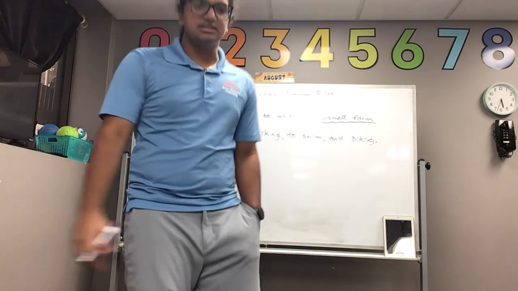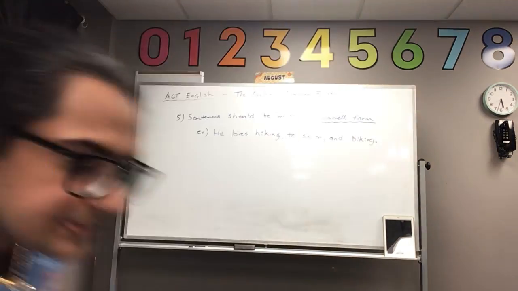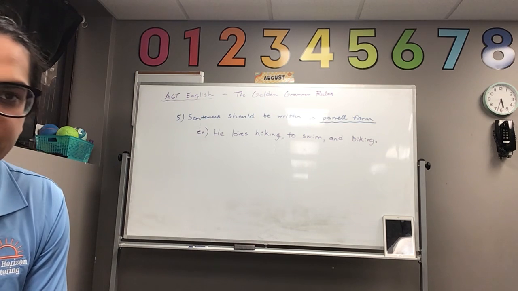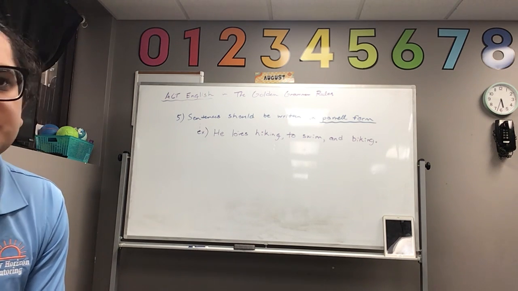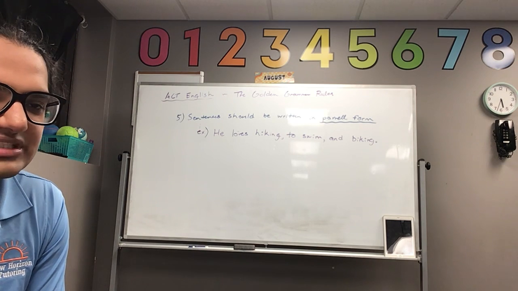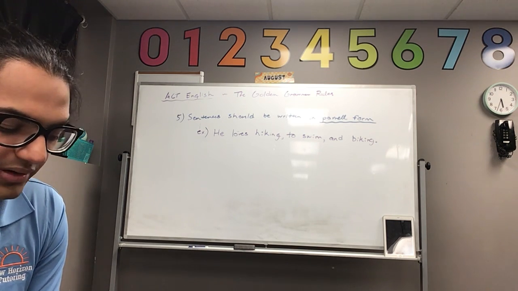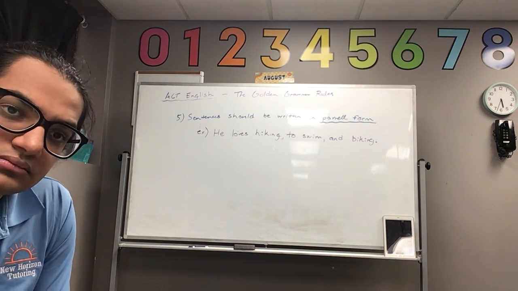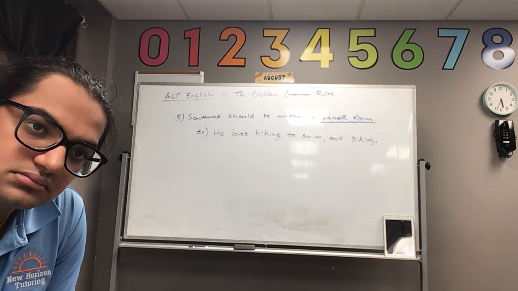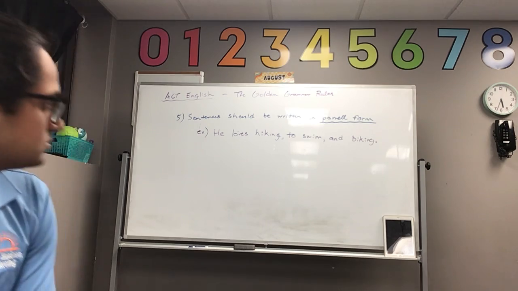Okay, currently the sentence reads, he loves hiking, to swim, and biking. This is fine, right? Can someone tell me what would make this sentence better? To turn to swim into swimming.